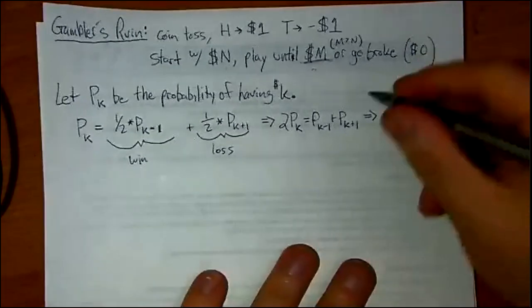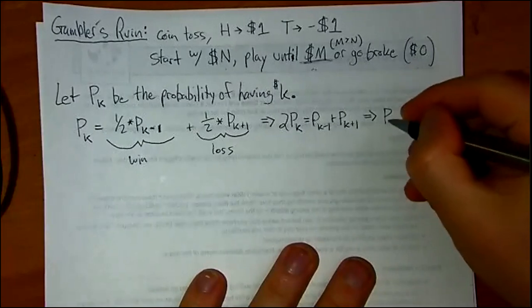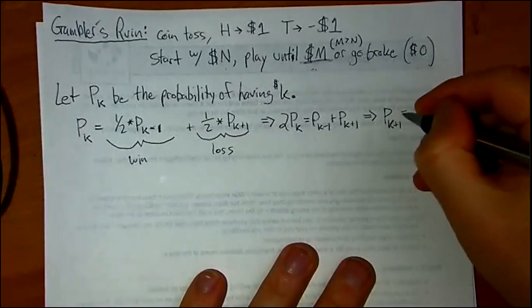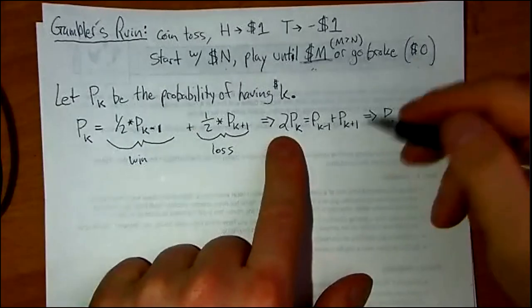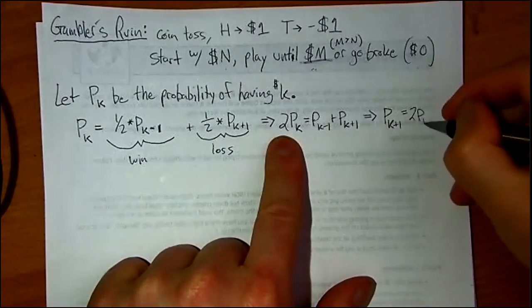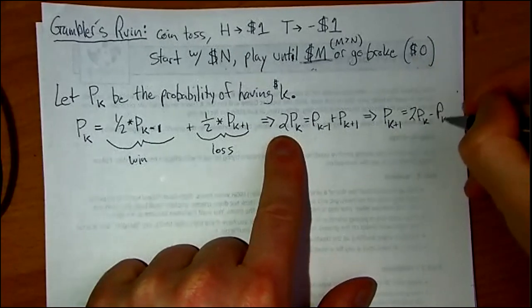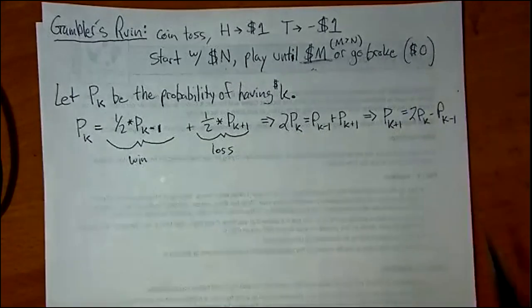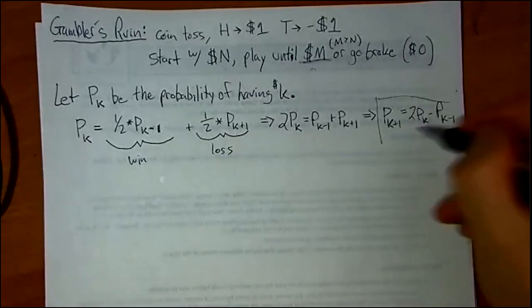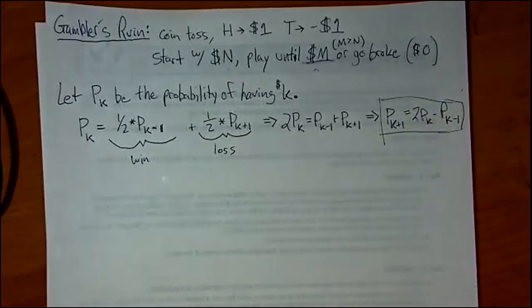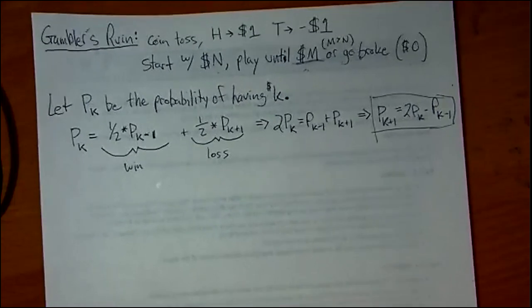So I could rearrange this to say, P sub K plus 1 equals 2P sub K minus P sub K minus 1. Now this should be in a form that you're used to seeing from last term, one of those recurrence relations. Now, if we want to solve the characteristic equation, what's that going to look like?